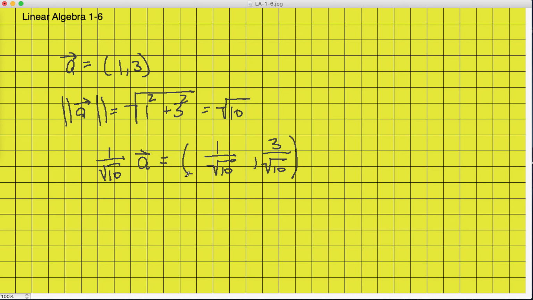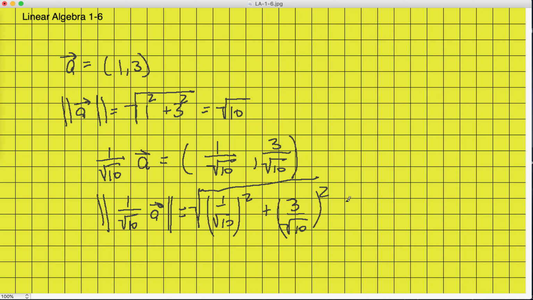And if I wanted to calculate the length of this vector, which we'll denote this way, I'll draw the parallel lines, 1 over radical 10 A. Well, that's just going to equal 1 over radical 10 squared plus 3 over radical 10 squared.